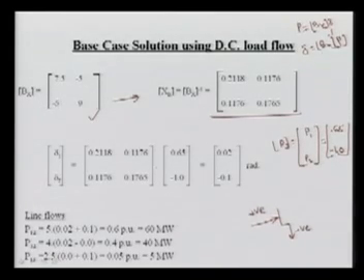So using this Bx inverse and the P, I have just written here the calculation for delta 1 and 2, because delta 3 is 0, already we have assumed it is the slack bus. This is the Bx inverse, and here we are putting the P that I have taken here. You can multiply it, and after multiplication you will get delta 1 as 0.02 and delta 2 as minus 0.1 radian.